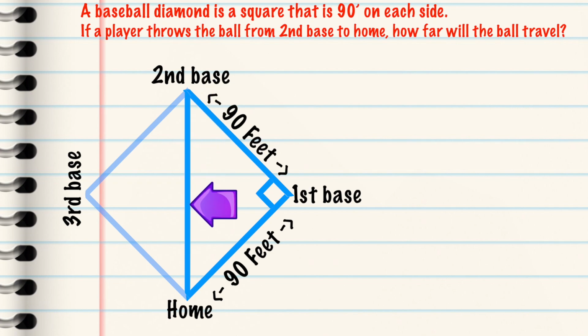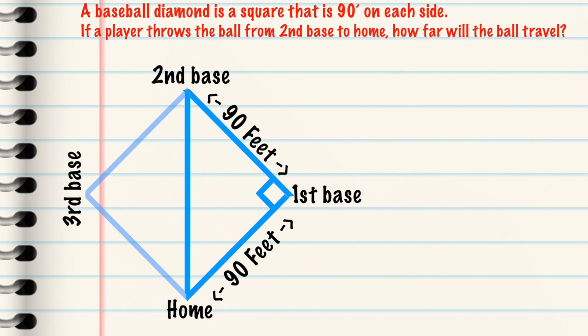The diagonal of this square is just the hypotenuse of a right-angled triangle. But what about the legs of the right-angled triangle? Well, we are told that the sides of the square are 90 feet. So, the legs of the right-angled triangle are 90 feet long.